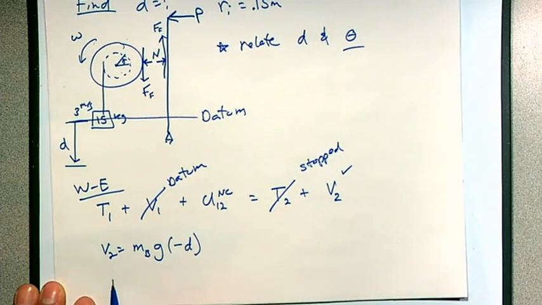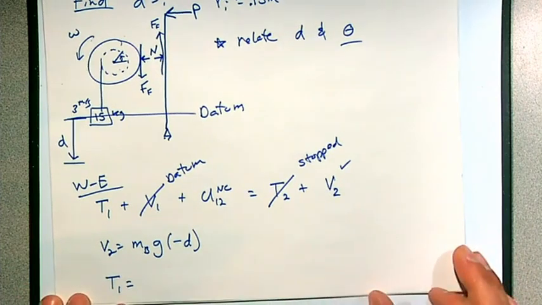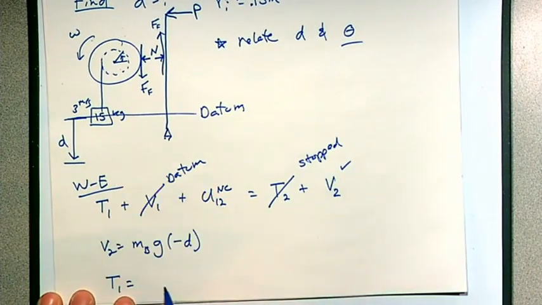T1, we got this thing moving. Well, I've got my mass, half MB VB squared. That thing is translating. If you kind of think about its motion, it's just going straight up and down. So you don't have to worry about rotation on that.